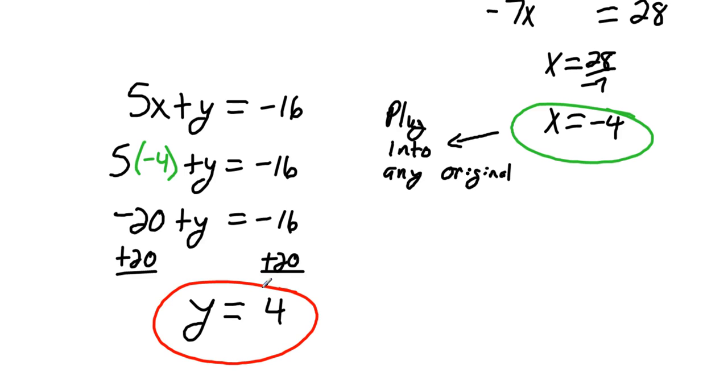Okay, and there's your two numbers. Which equation you pick does not matter, because it's where the two lines cross, so no matter what you do, you should get the same answer either way.